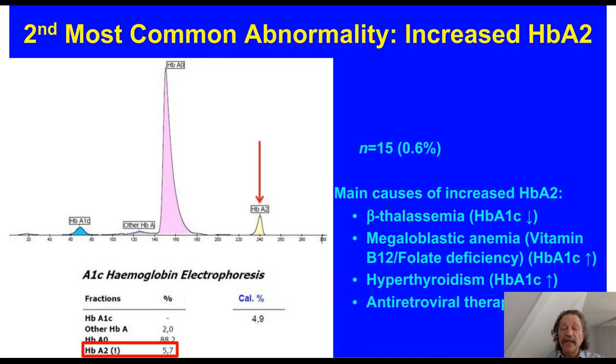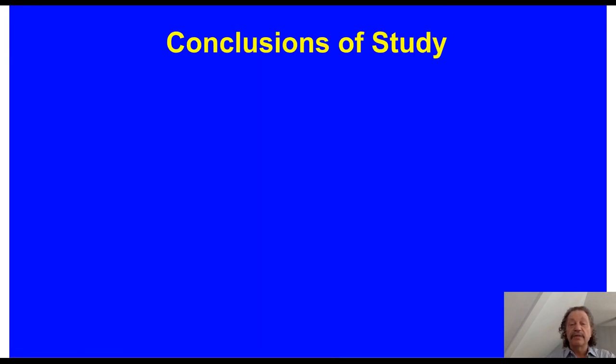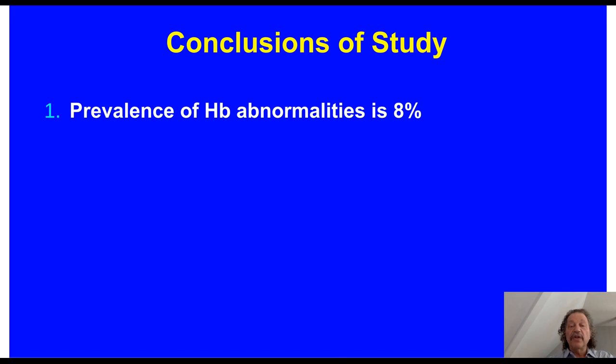So it's important to identify these people because the hemoglobin A1c does not indicate what the average glucose concentration is. So the conclusions of the study, that in this patient population, the prevalence of hemoglobin abnormalities is 8%.